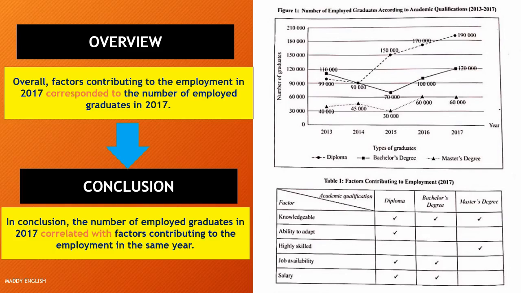Or if you know the relationship, which affects which one, the cause-effect relationship between Figure 1 and Table 1, you can straight away use the linking word. All right.